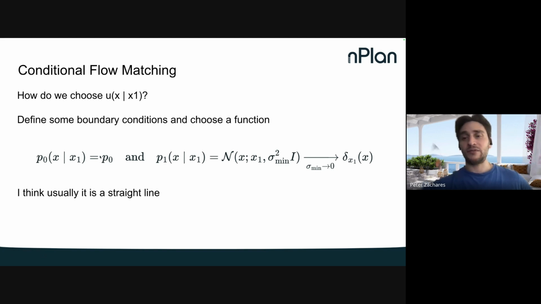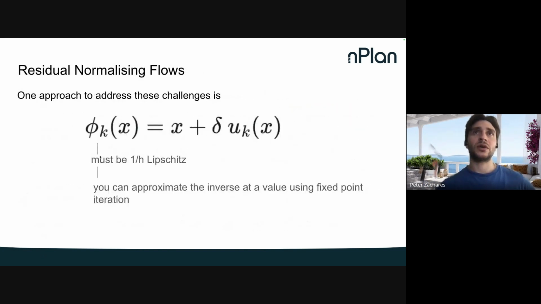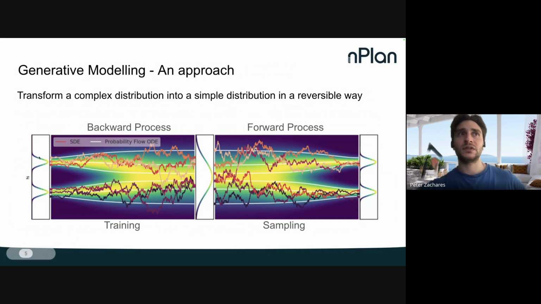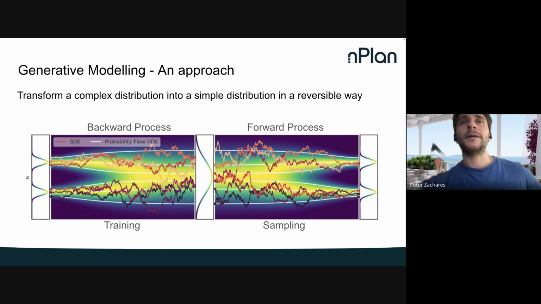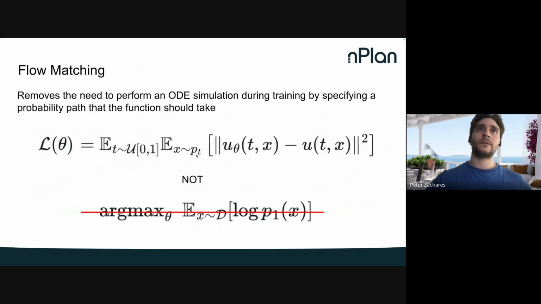So you have your simple distribution. Sorry to go back all this way, but for me the simple distribution here is this Gaussian, and the complex one is this two-mode distribution. So you say, I want my initial points to be Gaussian distributed, and then we'll go all the way here.